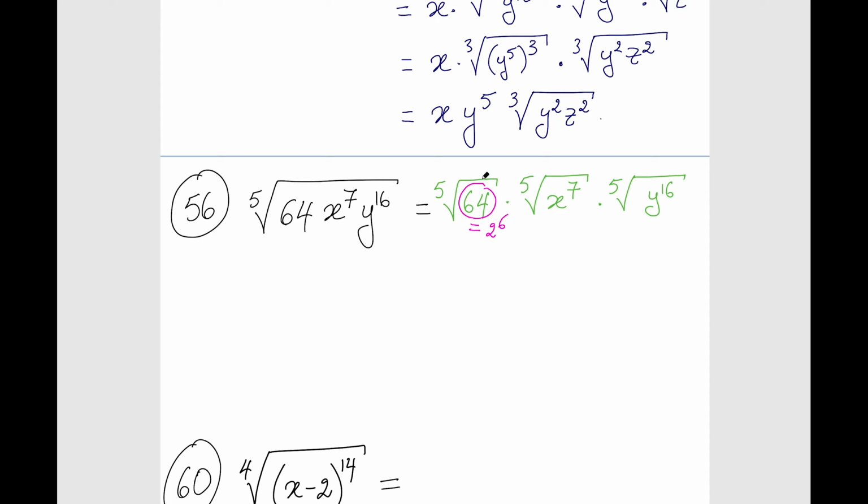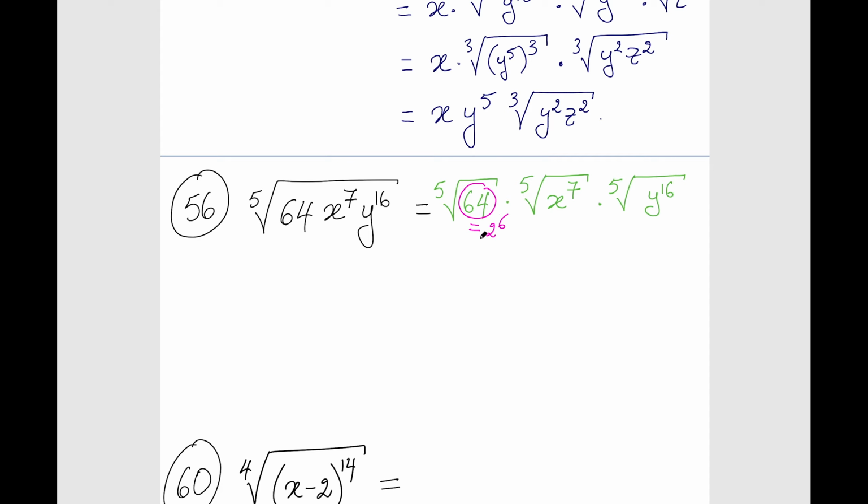Okay. All right. So did we need more than 5, or did we need the index amount of copies of 2 or more to make up the 2 to power 6? In other words, is 6 bigger than or equal to 5? Yes.